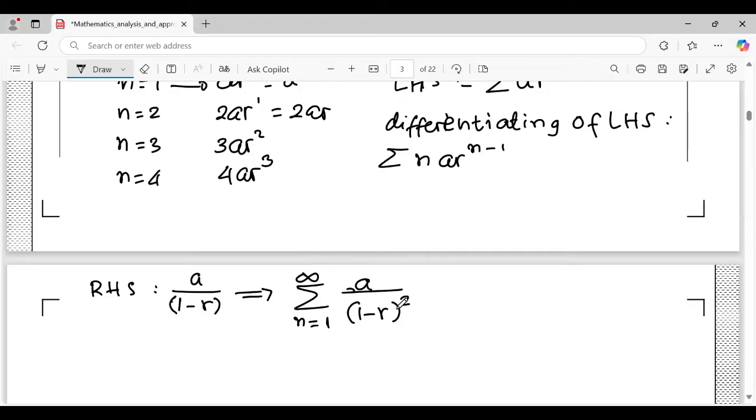Okay, because this is 1 minus r power minus 1, the differentiation means it becomes power minus 2, and this is power 2. So this one is the right-hand side.